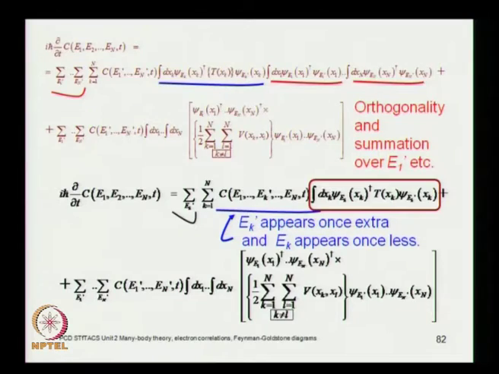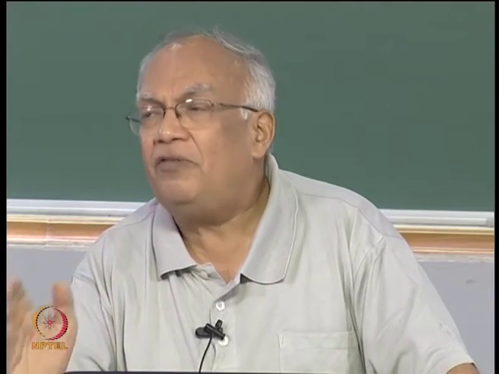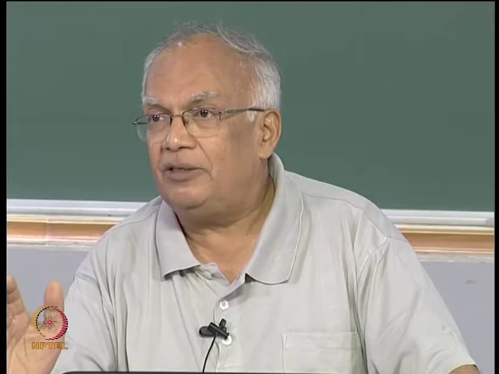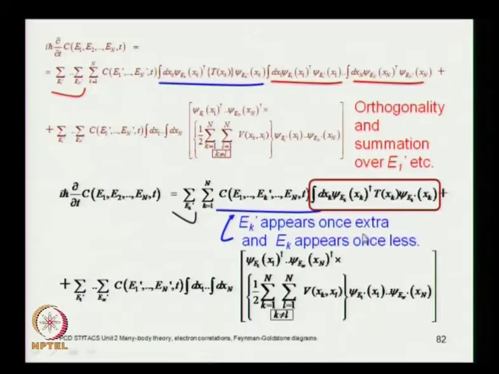Okay. Now, this is the important thing, because we are working with this occupation number formalism and counting is important. Everything hinges on the number of times the operators operate. Okay. So, counting is important. Ek prime appears once extra and Ek appears once less in this term.